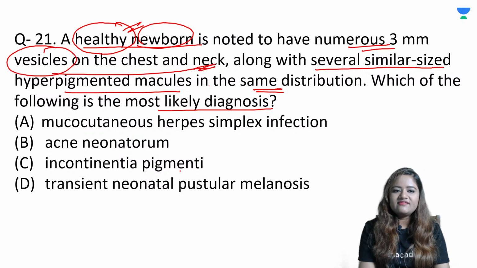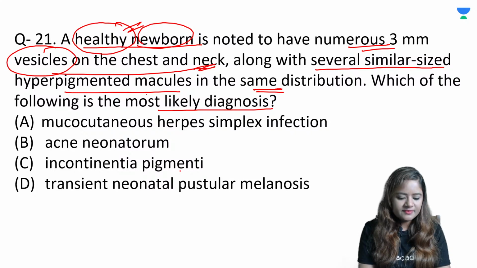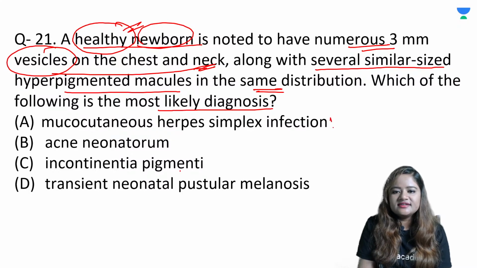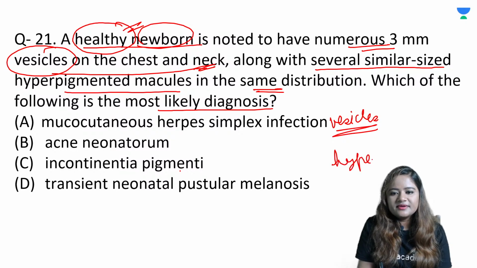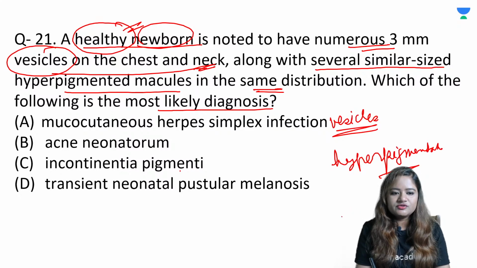Nobody is mentioning any developmental lines or any specific distribution. And wherever the vesicles are present, they also have got hyperpigmented macules. There is no hypopigmentation. There is classical vesicles. That means active lesions are present with hyperpigmentation. So how can you go for option number C? Any other option that you would like to choose?